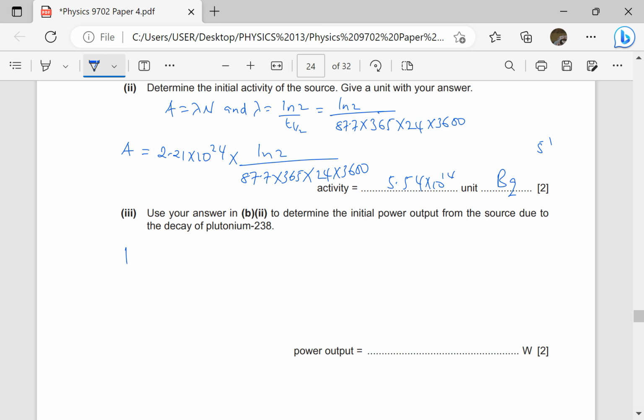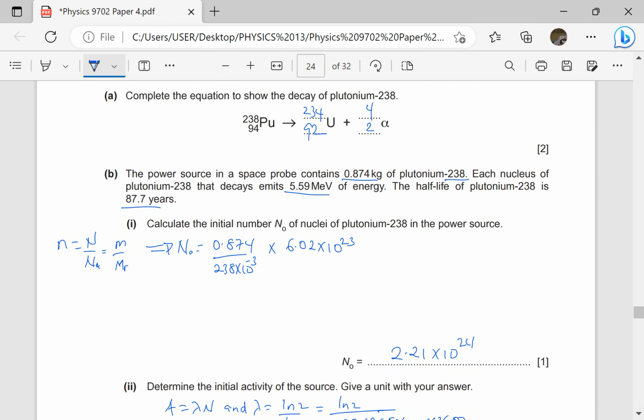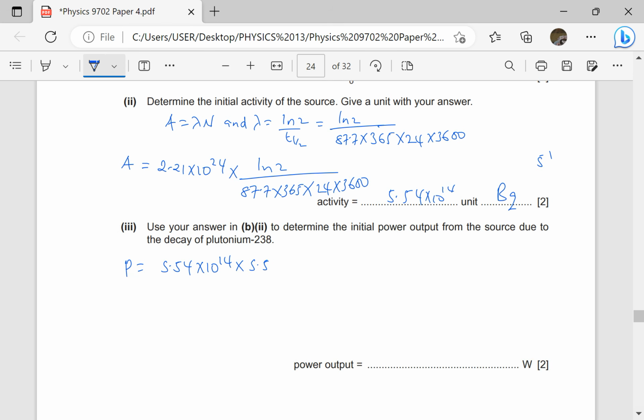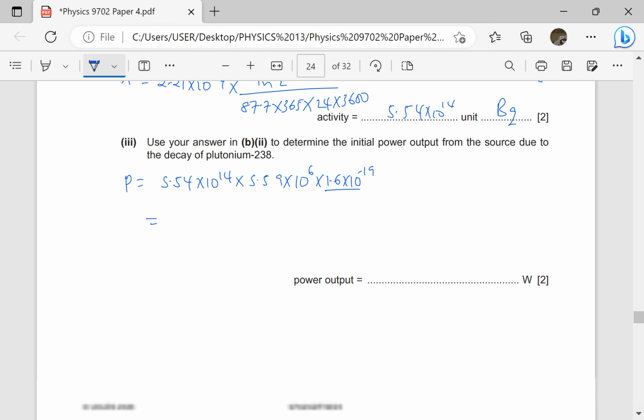So power is going to be the total energy per second, which is the number of nuclei decaying per second, 5.54 times 10 power 14 per second, of course, times the energy of each decay, which is 5.59. So I will say this is times 5.59 times 10 power 6 to change it from mega. Then times 1.6 times 10 power negative 19 to change it from electron volts to joules. So this is going to give us energy per second, joules per second, which is watts.